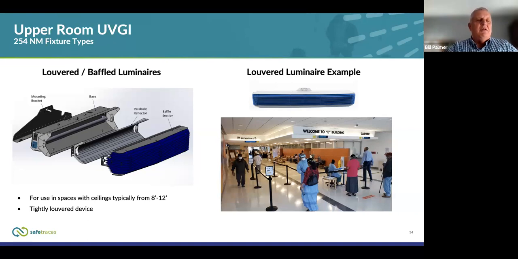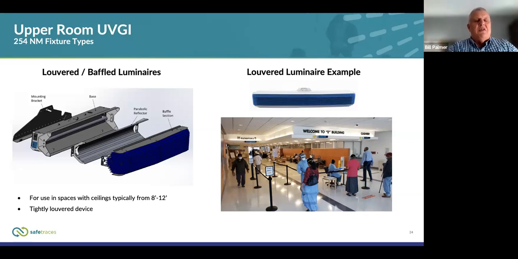So looking at the louvered or baffled fixture in front of us, these depend highly on good optics, such as in this particular fixture, it has a parabolic reflector, which focuses a lot of the UV energy forward into the room, but light that comes off the front of the UV source could actually go out into the room at an undesirable angle and enter the occupied space, whether directly or as a reflection off of the ceiling.